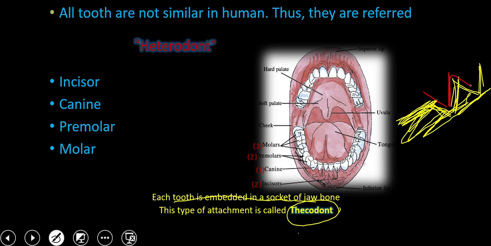This is the tooth. So it is embedded in the bone in a socket, and that type of arrangement is called thecodont. So our dentition has three major arrangements: diphyodont, heterodont and thecodont.